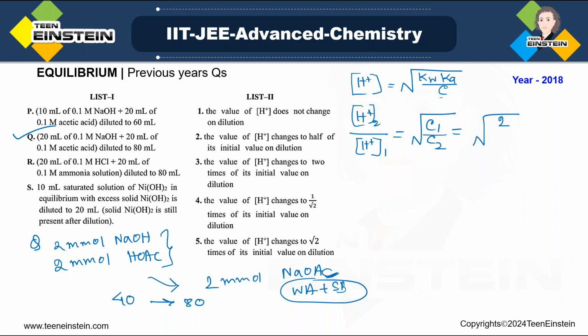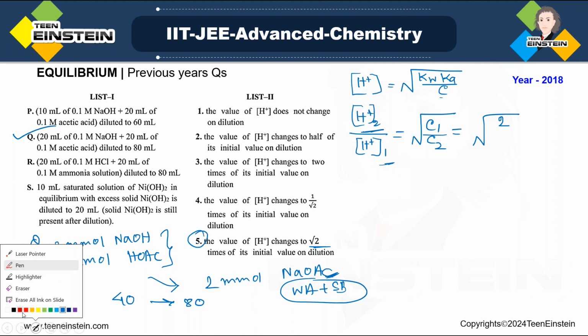So H plus is basically now halved in concentration terms. From this we can say it is matching with, let me check in list 2, the value of H plus changes by root 2 times, because H plus 2 is root 2 times H plus 1. So that is why we will choose Q matching with 5.